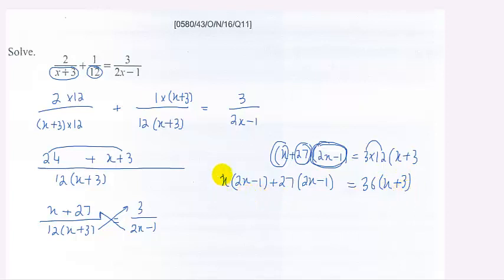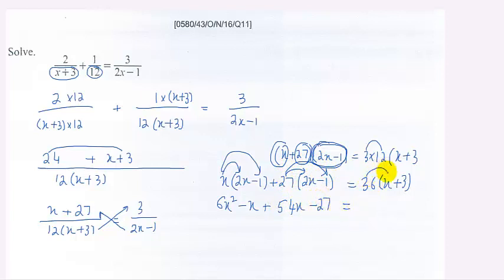Okay, now expand this. Multiply with this, it is 6x squared, multiply with this, minus x, multiply with this, 54x, multiply with this minus 27.